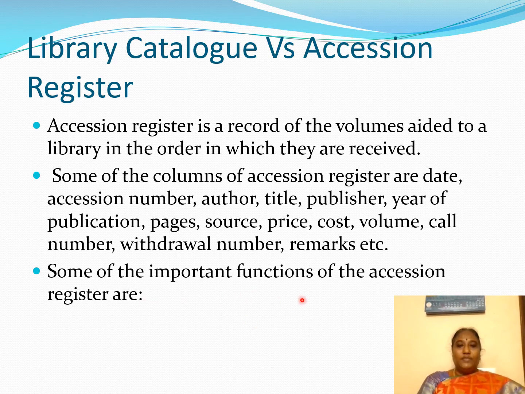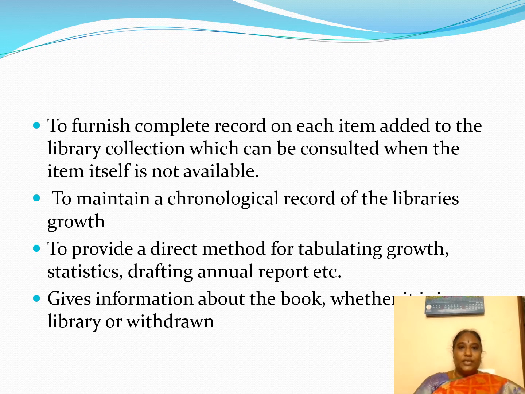Some of the important functions of the accession register are what this register needs to perform. So what are the important functions of the accession register in a library? Let us discuss in the next slide.